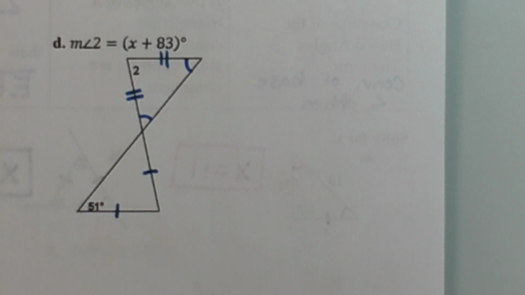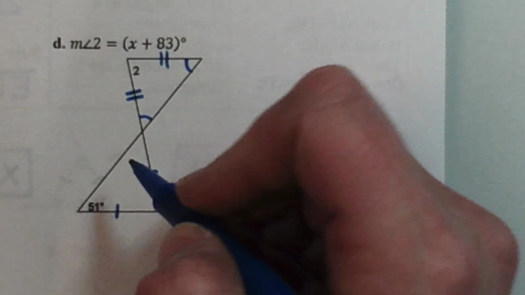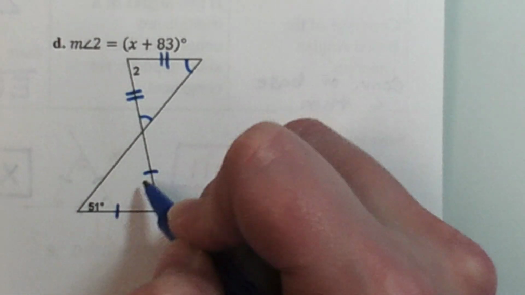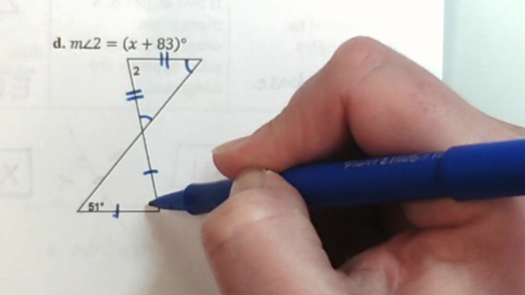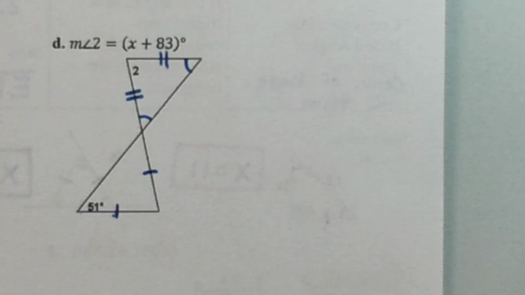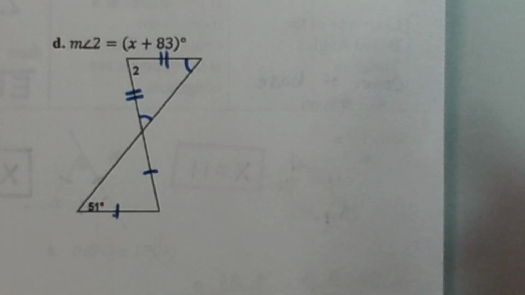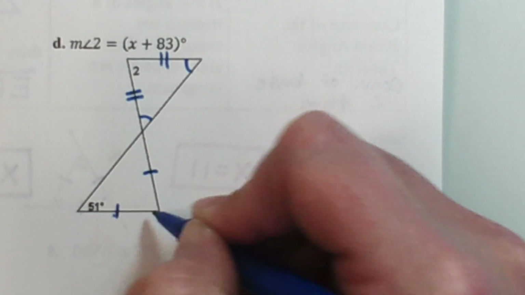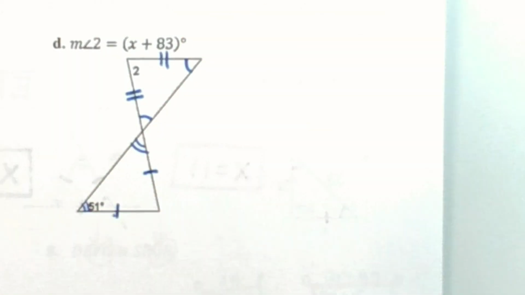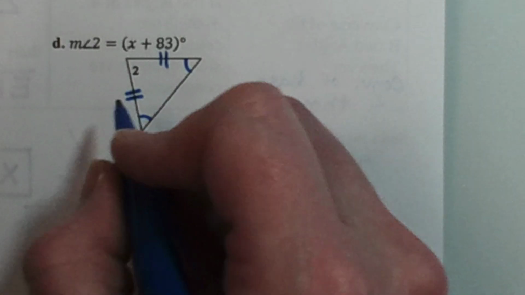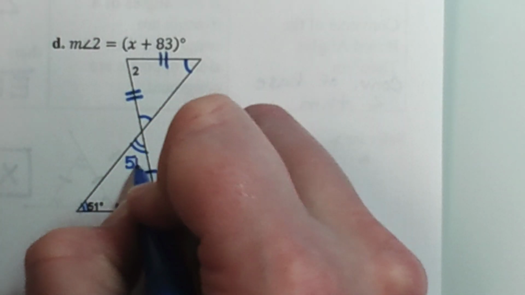That's when we go to the other triangle. These two sides are congruent. I'm going to call this angle 1, this angle 2, and then we got the 51. This is the angle between, so this is congruent to this. So I know that this is 51 degrees.